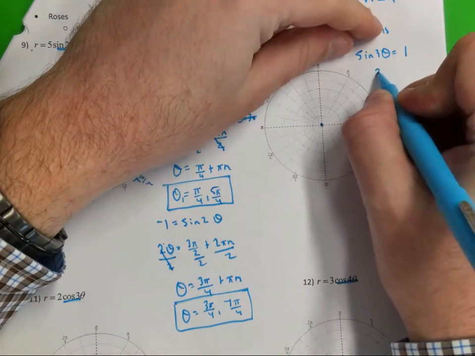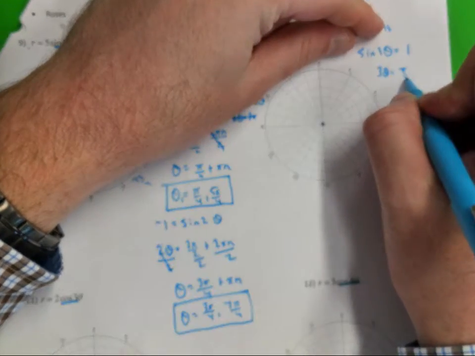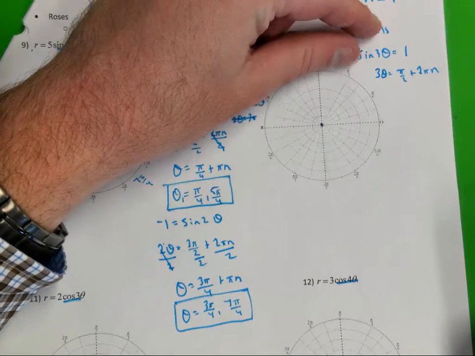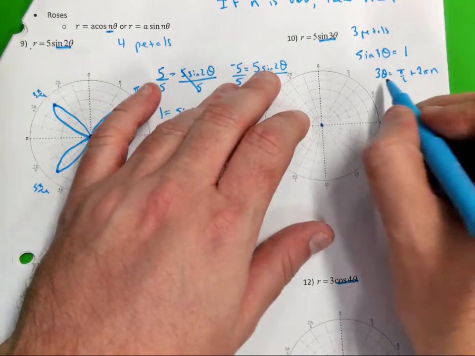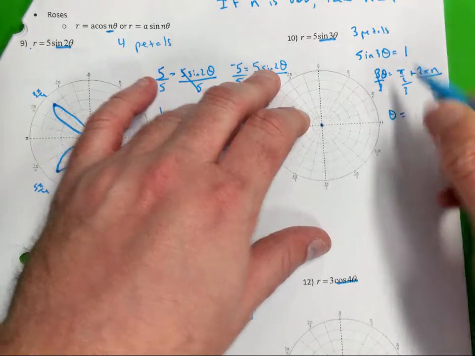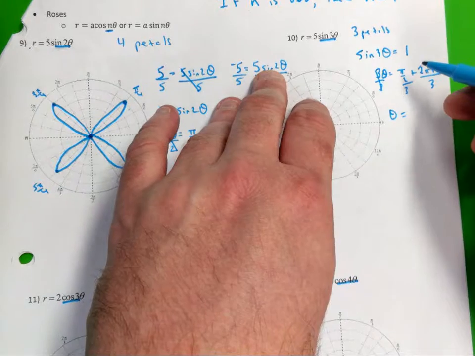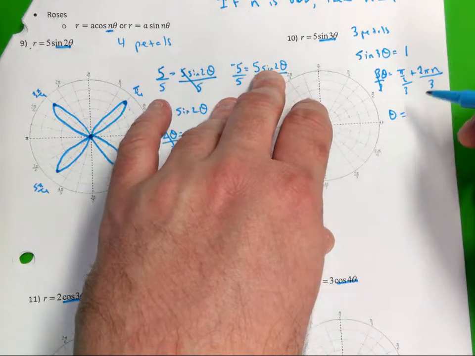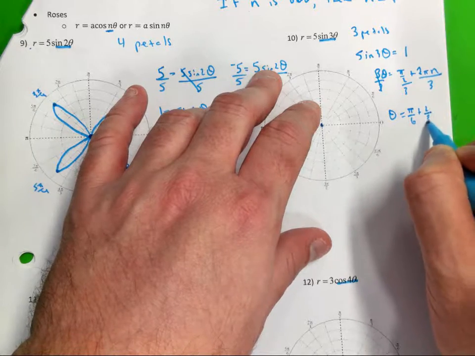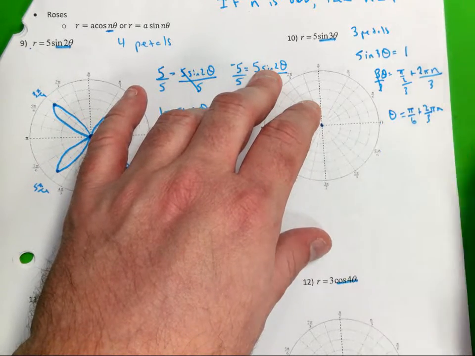So I'm going to say 3 theta equals pi over 2 plus 2 pi n. I'm going to divide by 3. When I divide by 3 here, does it affect the numerator or denominator? So that gives me pi over 6 plus 2/3 pi n.